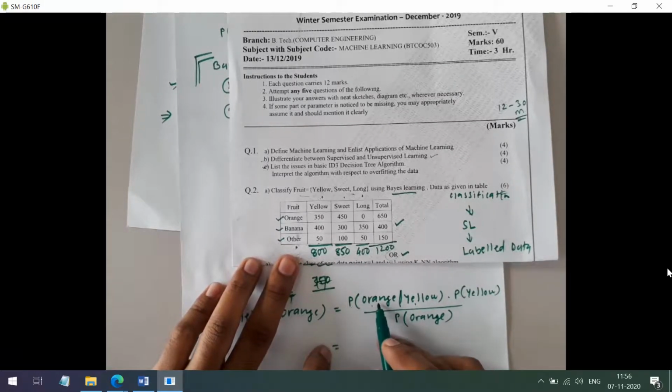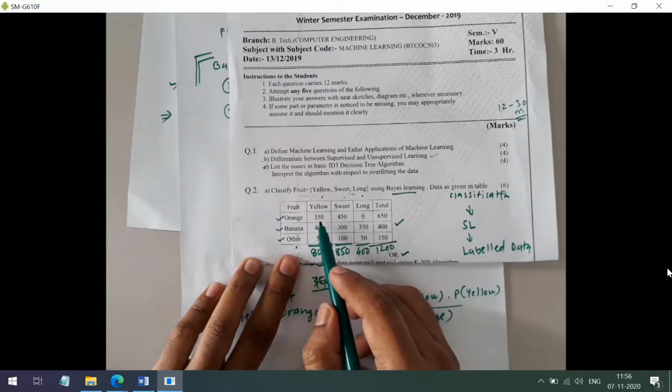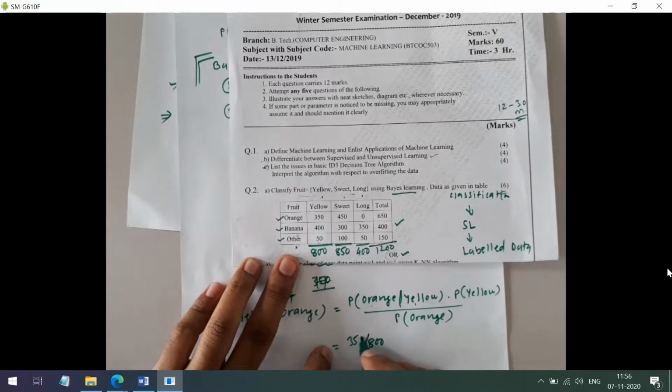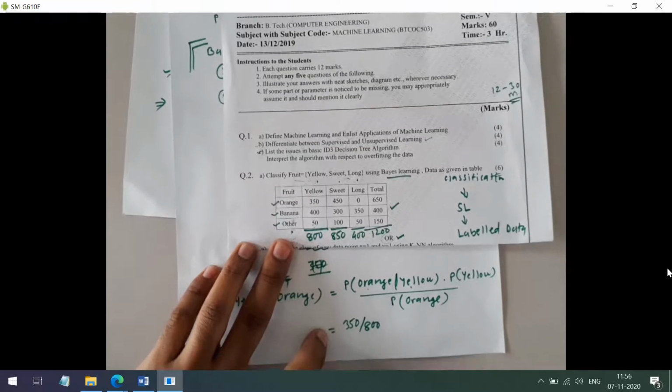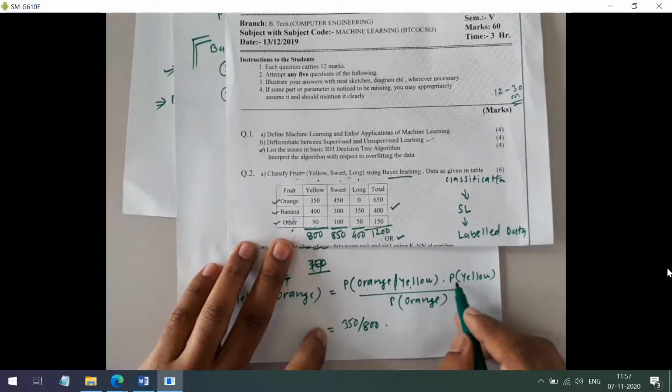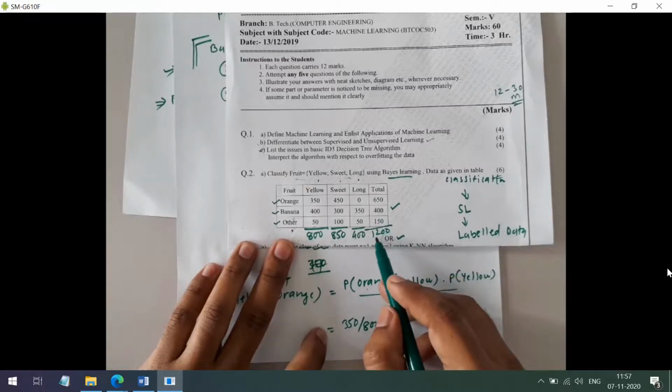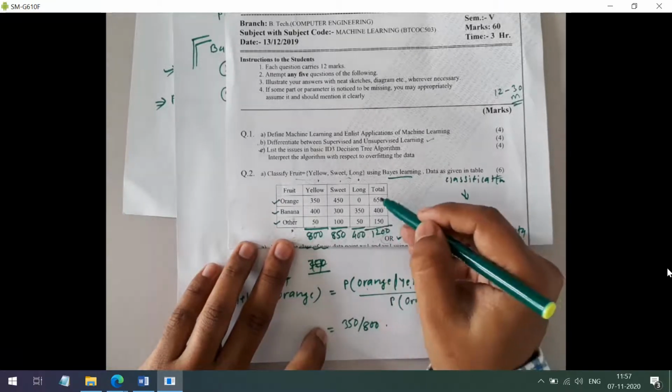Now what is the meaning of probability of orange given yellow? How many yellow fruits are there? 800. And out of that, how many oranges are there? That is 350. So it is 350 divided by 800 into the probability of yellow fruits. How many total fruits are there? 1200, right? It is the summation of these values.